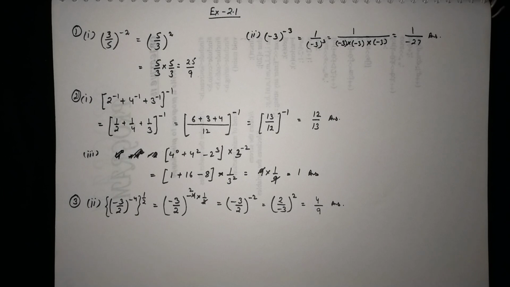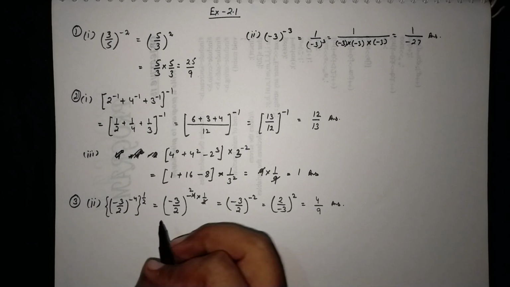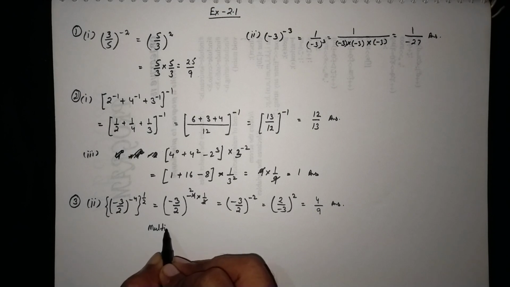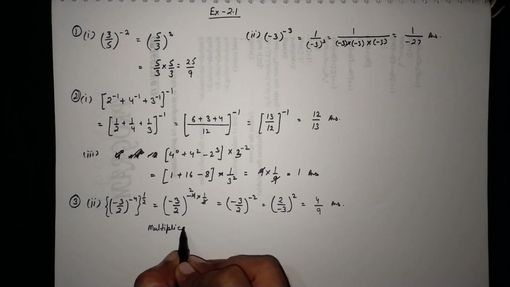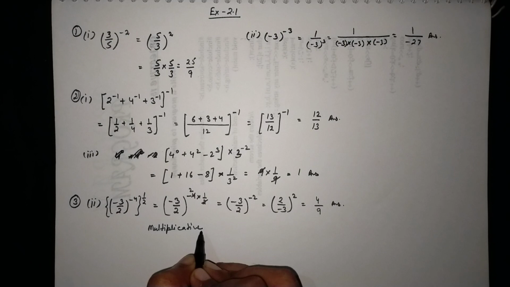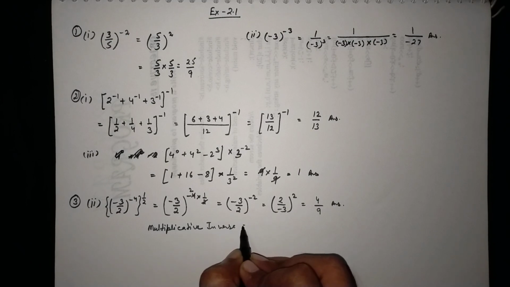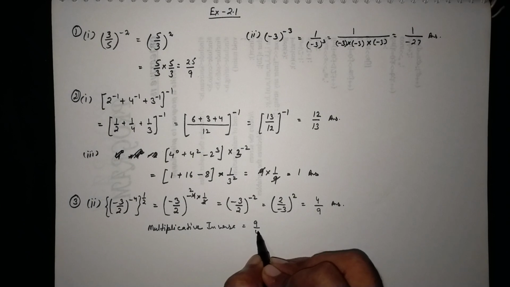But we have to find the multiplicative inverse of it. So multiplicative inverse will be 9 upon 4.